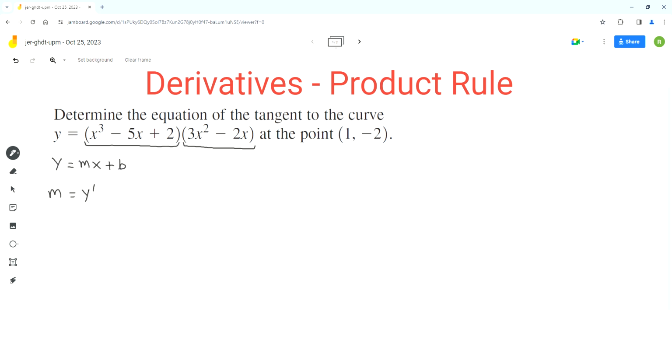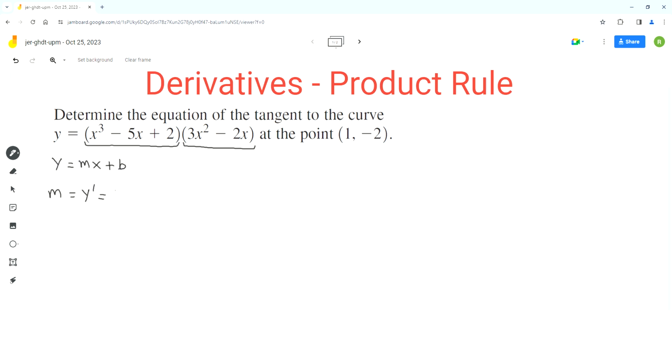I'm using the prime notation, and now we can use the product rule. As per the product rule, the derivative of this function will be the first function times the derivative of the second function plus the derivative of the first function times the second function.